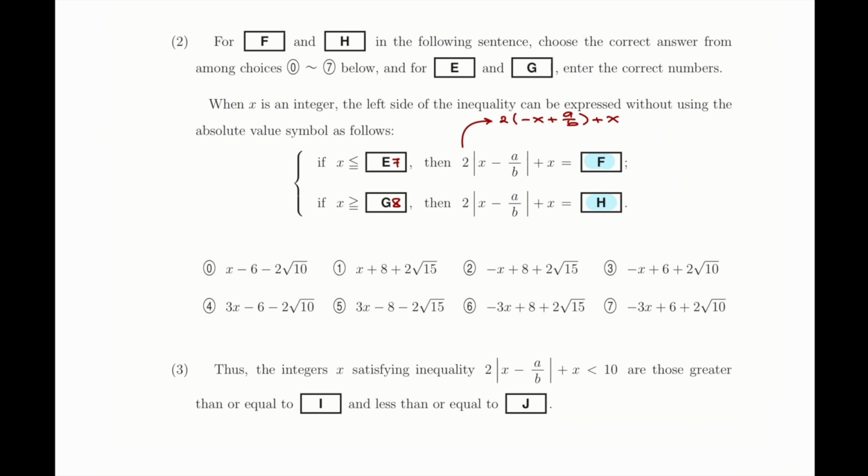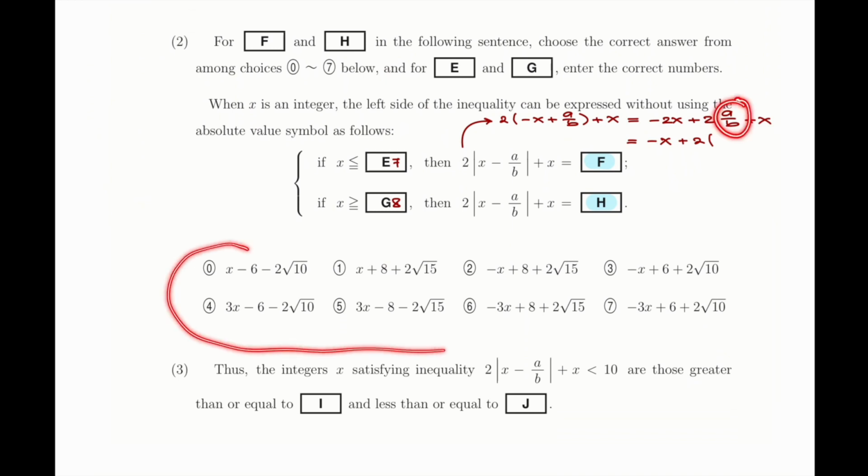And then if we simplify this expression, I will get negative 2x plus 2 times a over b plus x. Negative 2x plus x, we get negative x plus 2 times a over b.